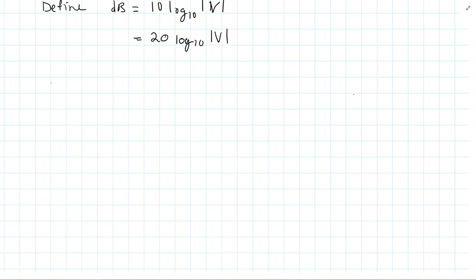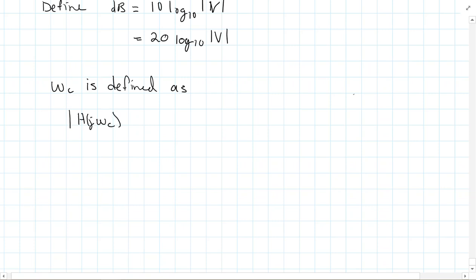The cutoff frequency is defined as the magnitude of H at j omega c is 1 over the square root of 2 times H max.